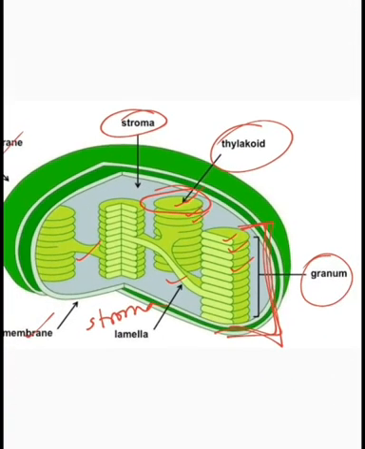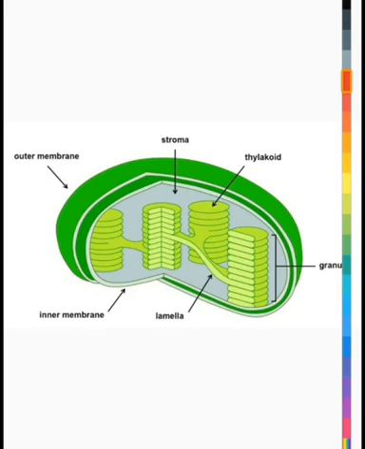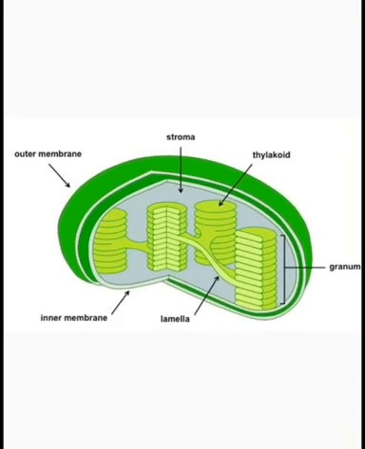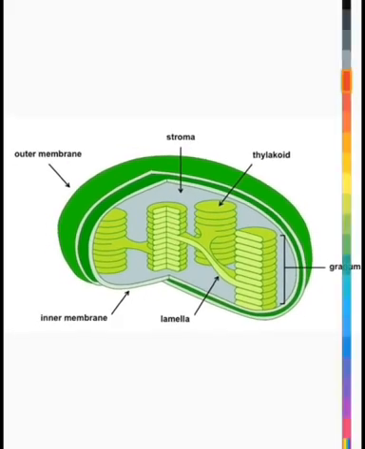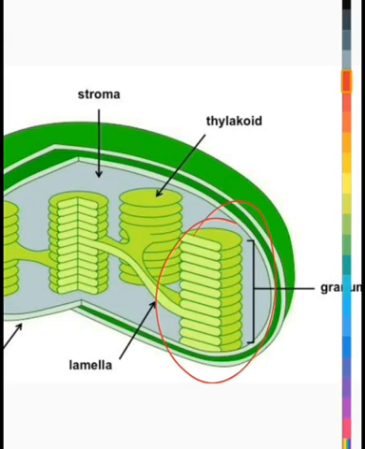I hope the structure of chloroplast is clear to you. Now coming to the functions of the chloroplast, the main function is to perform the process of photosynthesis, which occurs in this grana or granum.